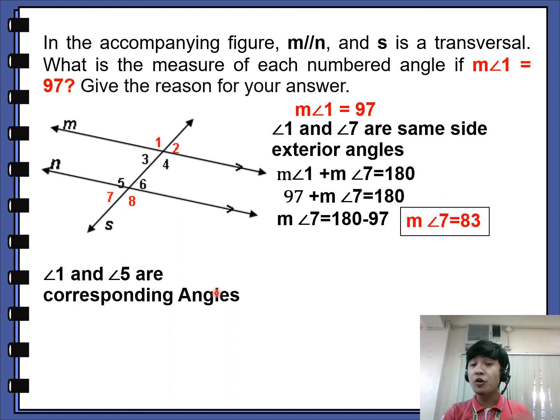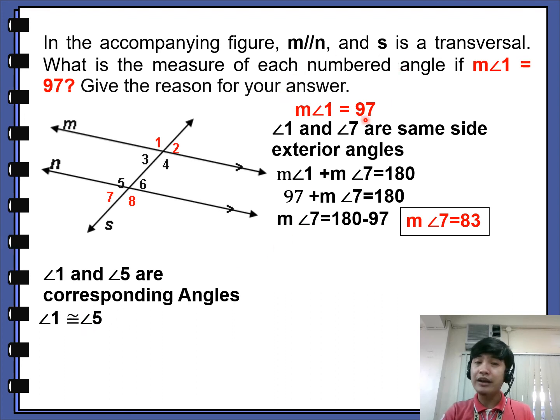If we will try to go back to our discussion a while ago, corresponding angles are congruent. Okay? So, as a result, angle 1 is congruent to angle 5. Ibig sabihin, si angle 1 ay equal kay angle 5.